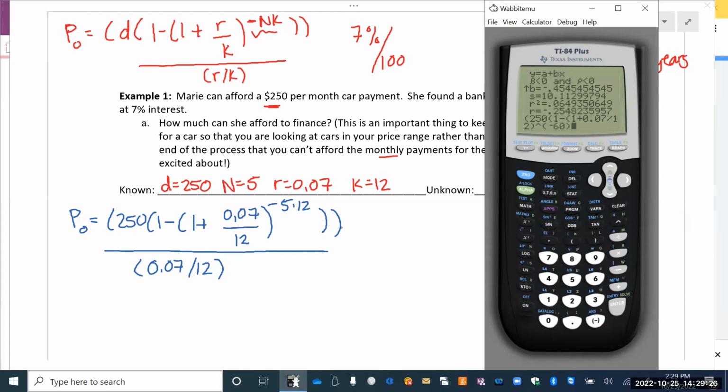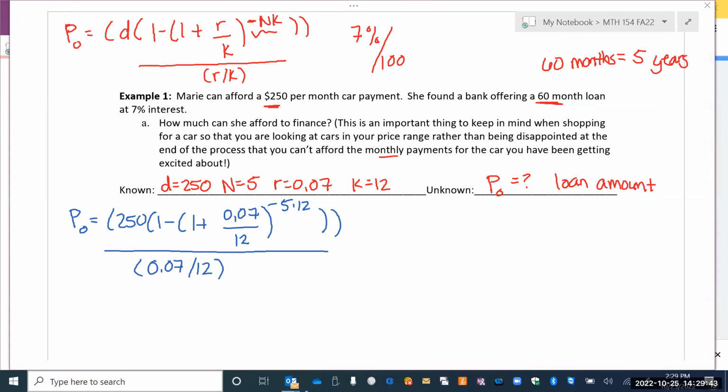And then I've got 2 more parentheses to go, divided by 0.07 divided by 12. Notice I put all the parentheses where they are in the formula, and I get 12,625 and 50 cents.